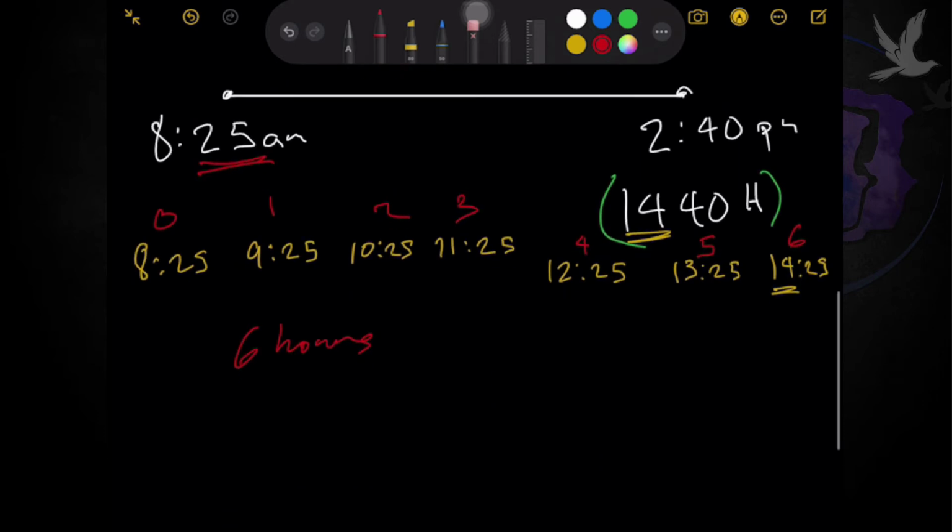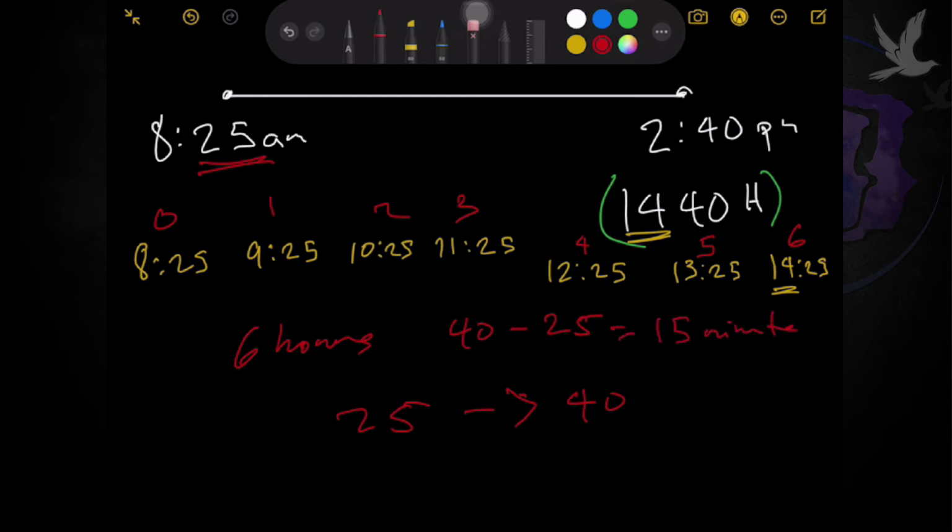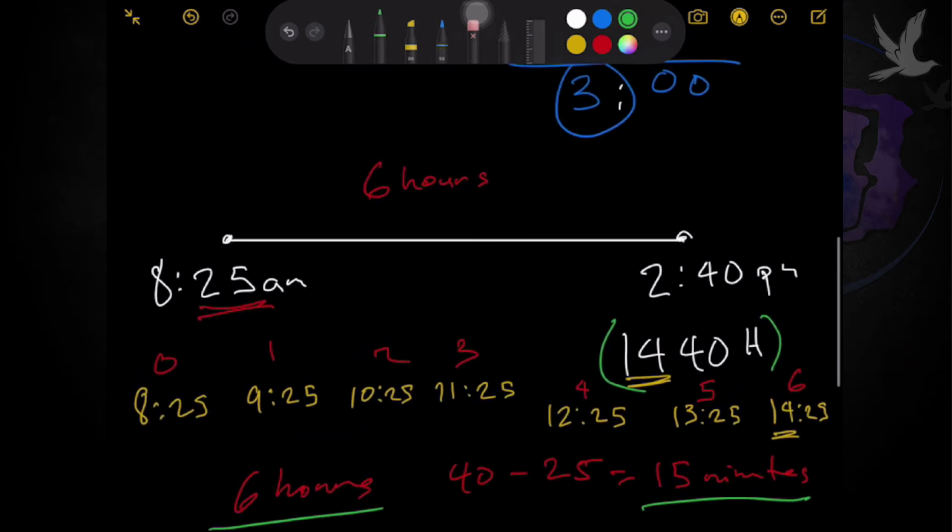So all you need to do now is just to take the difference of 40 from 25. So that's basically 40 minus 25. And doing so will give you a difference of 15 minutes. Even if you count from 25 to 40, that will give you a total of 15 minutes. So our answer here is 6 hours and 15 minutes.